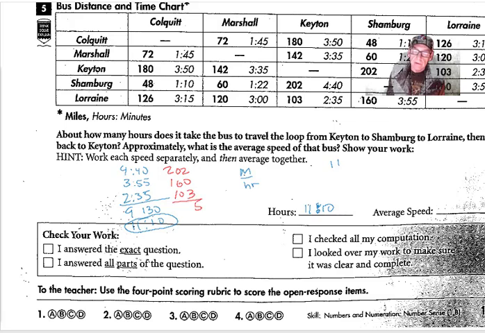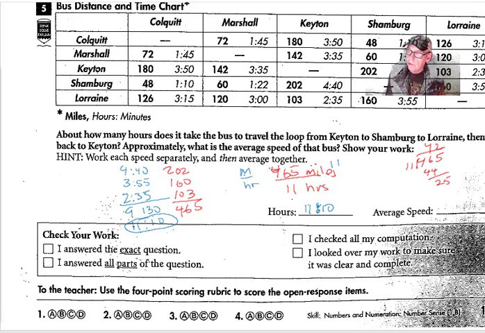So we get 5, 6, 2, 3, 465 miles. So to find the average speed in terms of miles per hour, we're going to do 465 miles divided by, and we're just going to use 11 hours. So 465 divided by 11. 11 times 4 is going to be 44. 2 left over, 25.